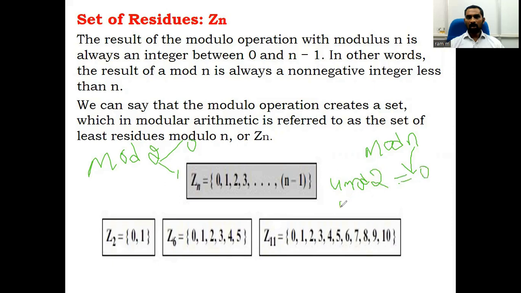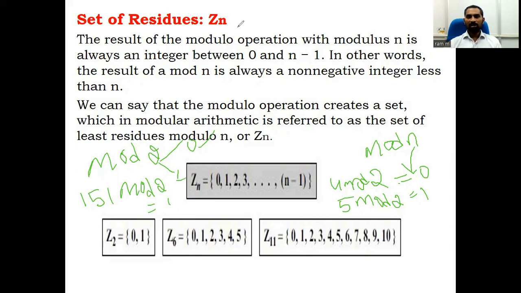If you apply 5 mod 2, we get residue 1. If you take a big number like 151 mod 2, we again get residue 1. So for mod 2, the residues produced are 0 and 1.